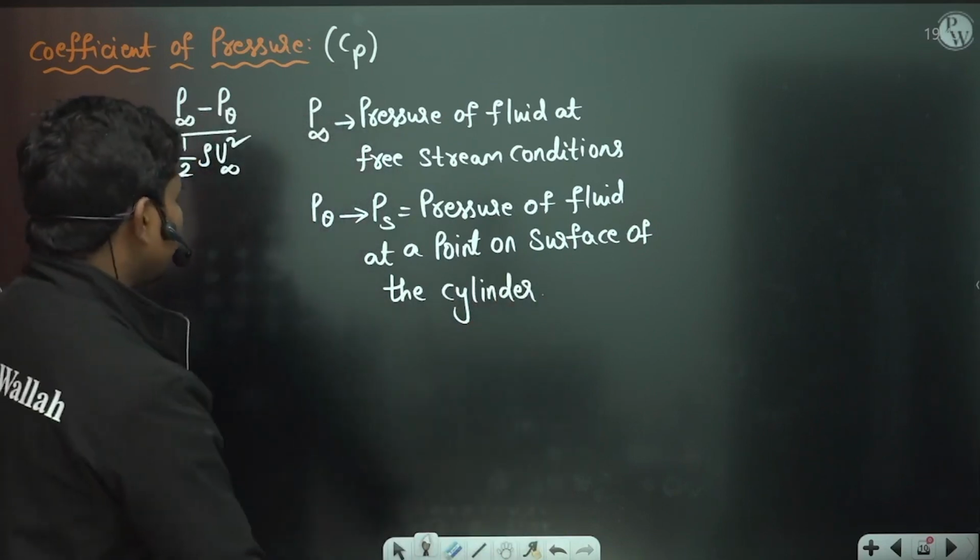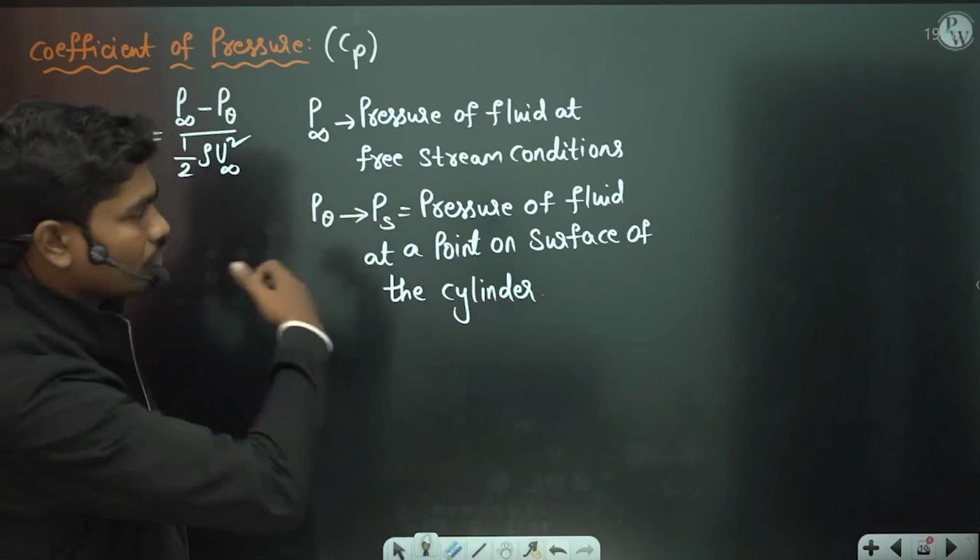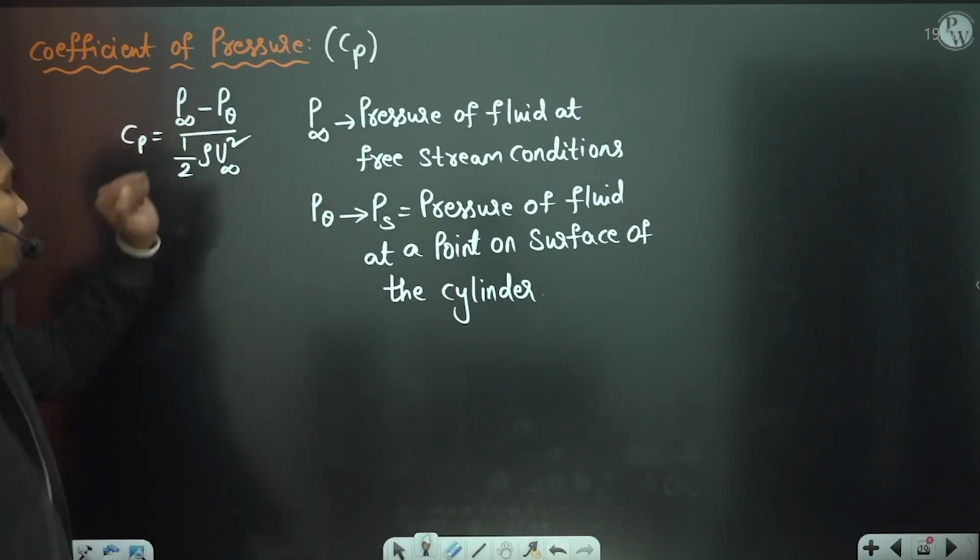Clear? And u infinity is again the free stream velocity of the fluid much before the cylinder. So this is called the coefficient of pressure.